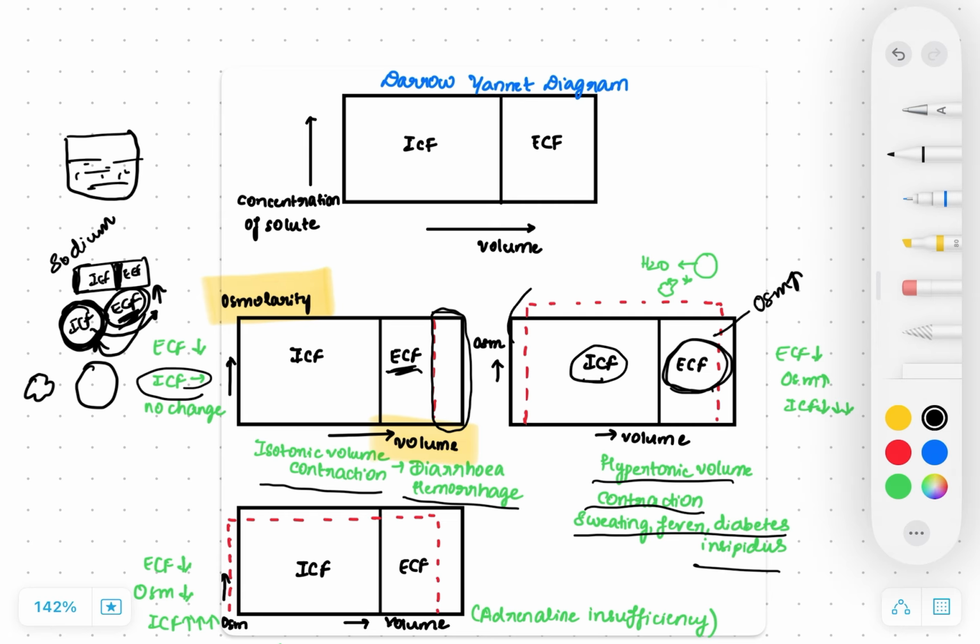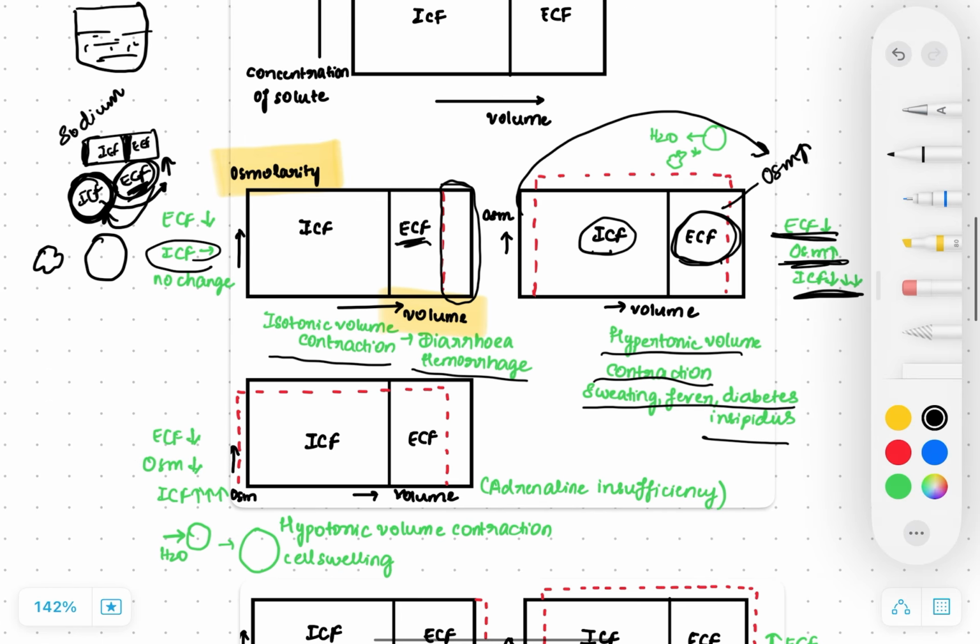Water will be lost from the intracellular to the extracellular compartment. So there will be a decrease in the extracellular fluid, but more decrease in the intracellular fluid, because to compensate the extracellular fluid loss, water moves from the intracellular fluid, and the osmolarity will be increased because there is more water loss.